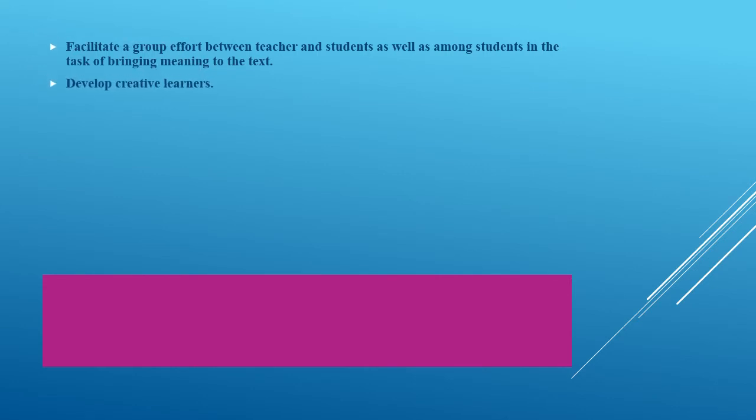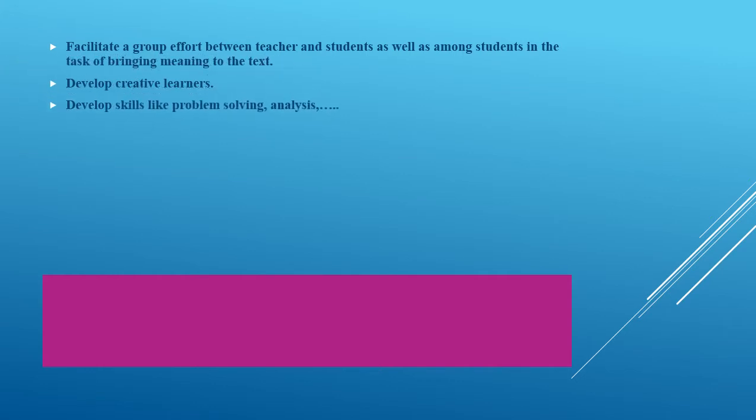Number two, develop creative learners. Surely, here I discover the meaning myself. I can help my colleague, my friend, my classmates in order to know the meaning of the context. So here, developing creative learners is one of the functions, one of the purposes of reciprocal teaching.